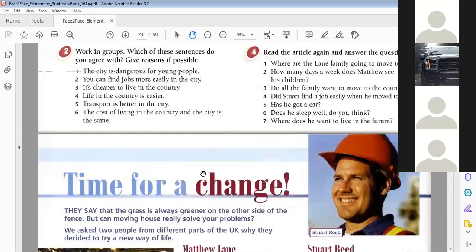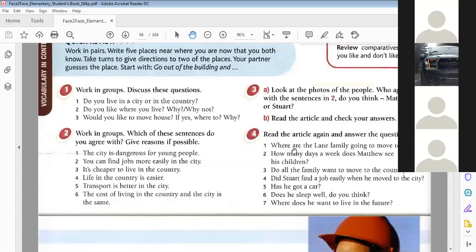Okay, so we're going to read about this and let's read the article. And then we have also some questions to ask, okay? But let me read the questions for you first. Here are the questions in number 4. The first question is, where are the Lane family going to move? So it means they're going to move to a place. Number 2, how many days a week does Matthew see his children? So we want to find that.